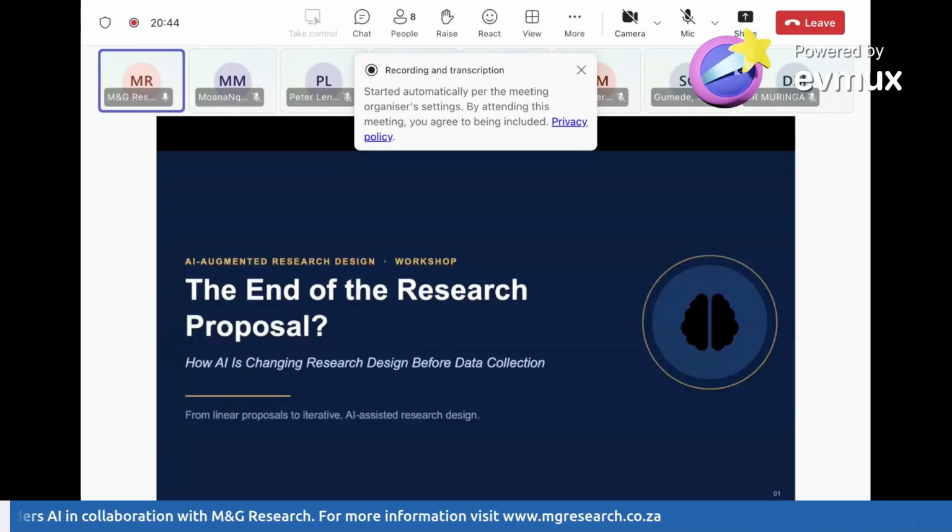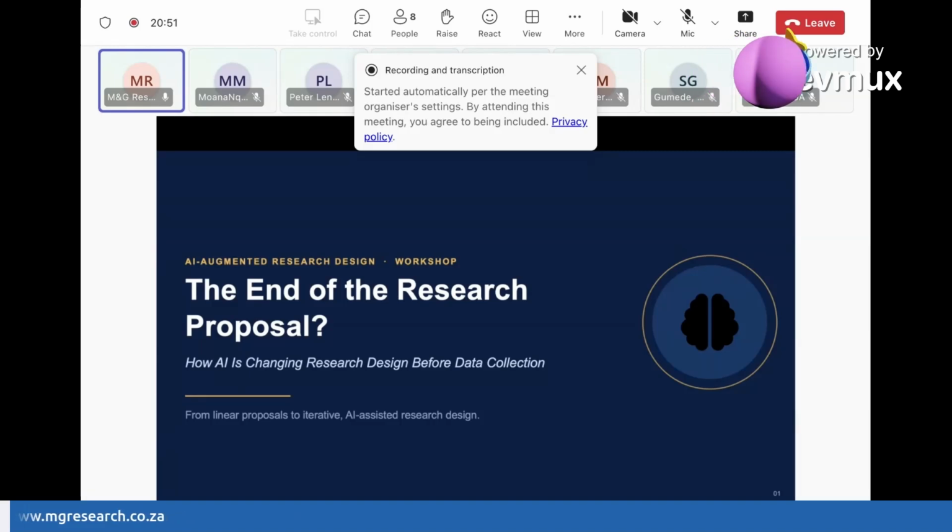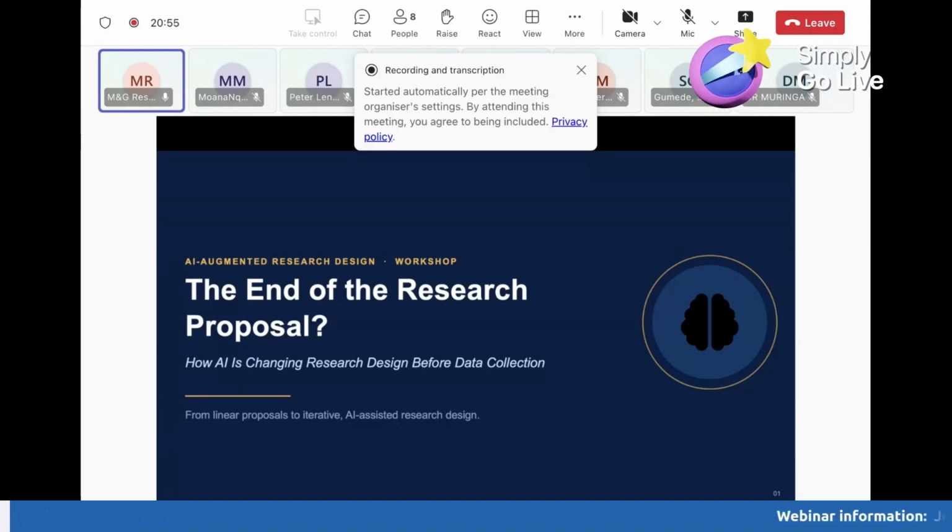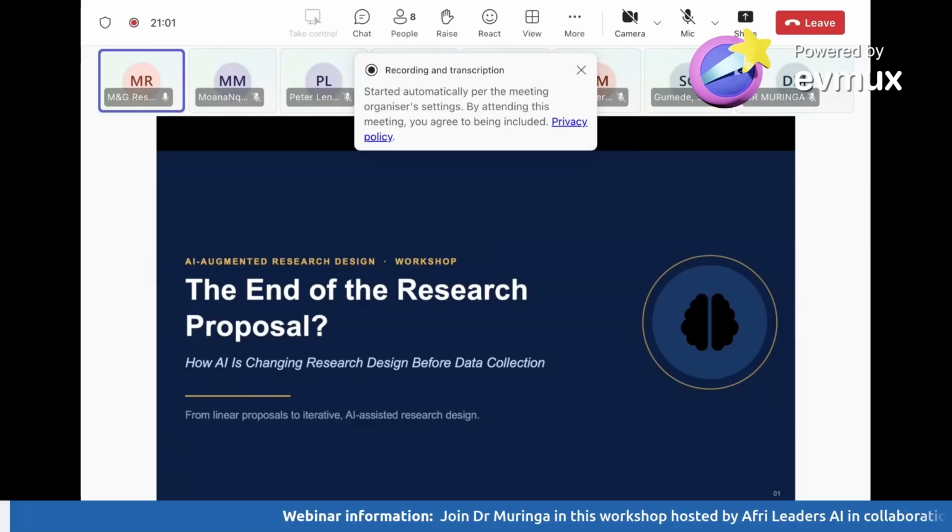Moving on to the practical demonstrations of how best one can develop their research proposal using various AI tools. I'm going to work on ChatGPT and maybe Claude a little bit, right?